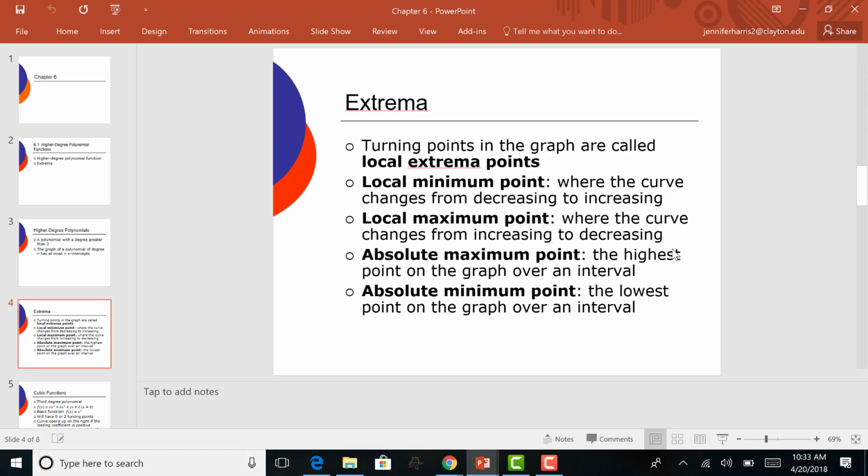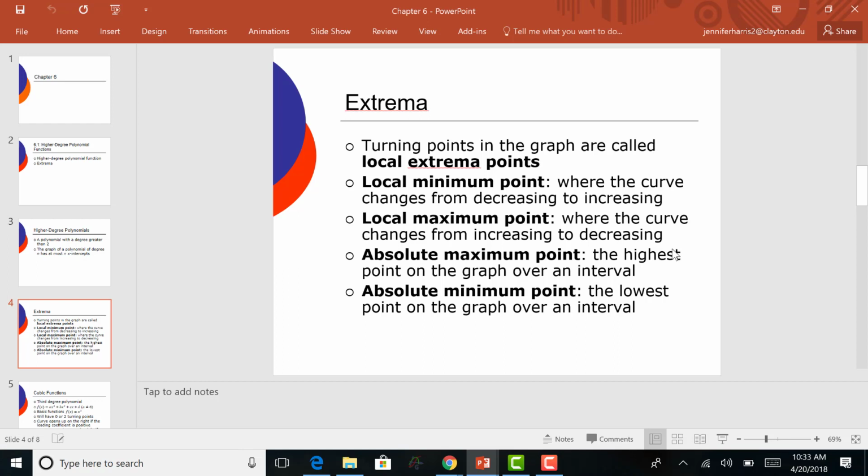So here are some characteristics of these. They'll have extreme points. When we say extreme points, we just mean they'll have maximums and minimums. So the equation that you see on the screen, y equals x to the third plus 2x plus 1, could look like this.